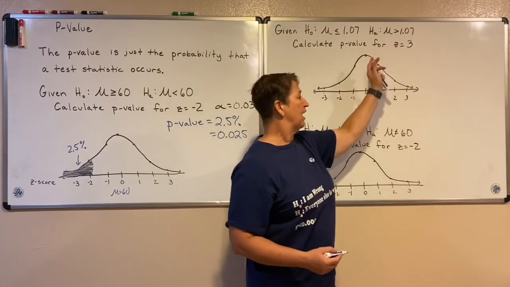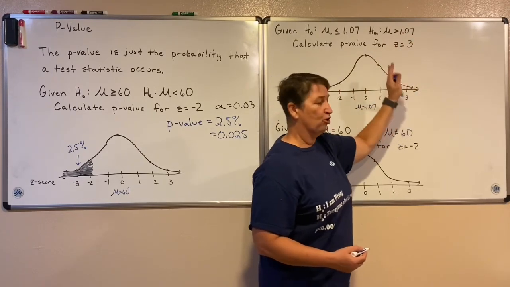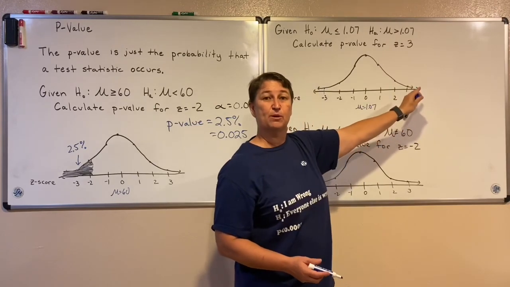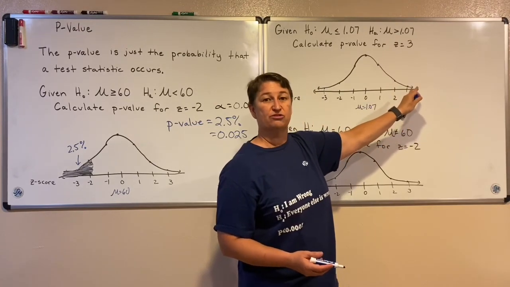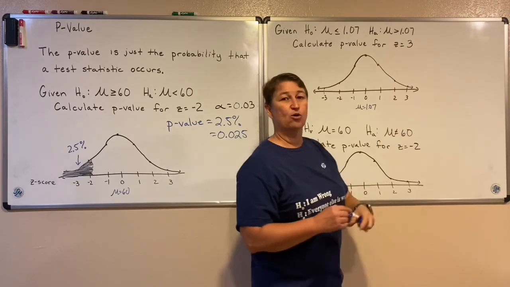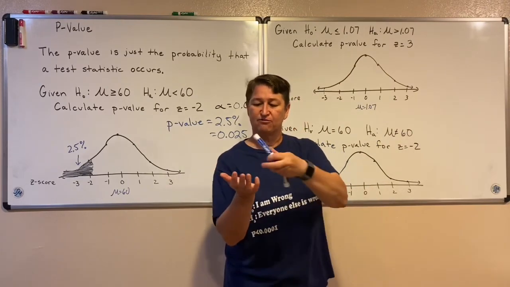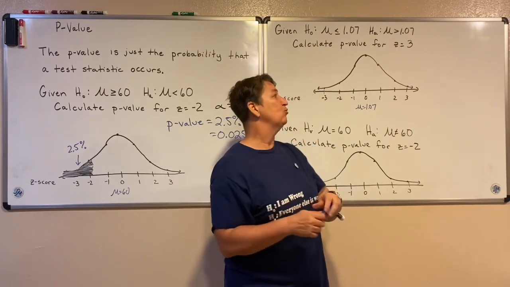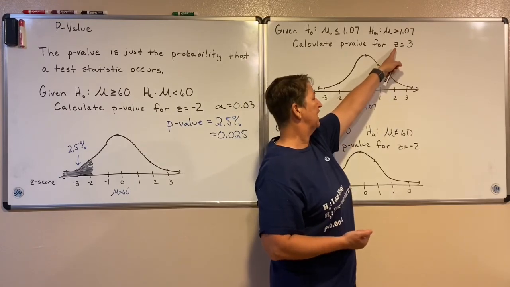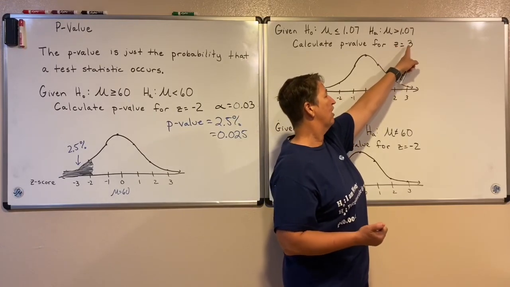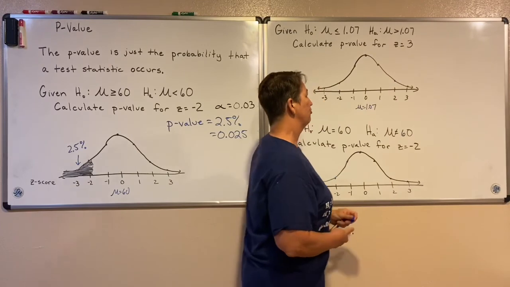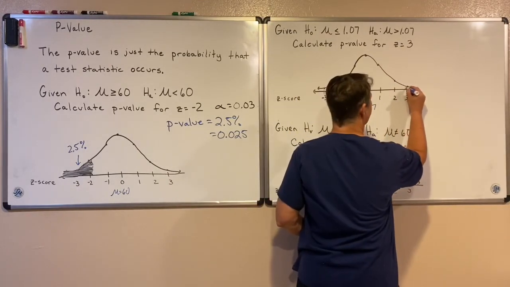So in this case, I'm looking for something that's greater over here on the right. So I'm going to be performing a right-tailed test. And I go out, I collect my sample, I find my statistic, and we see that the test statistic has a z-score of 3. So the z-score is here at 3.